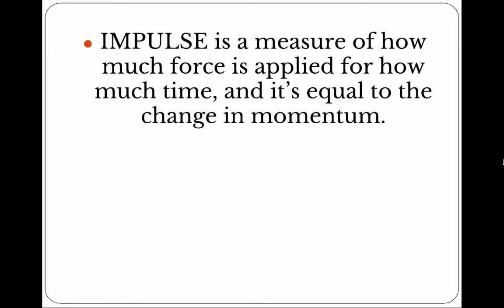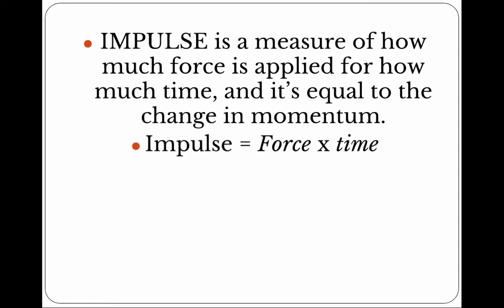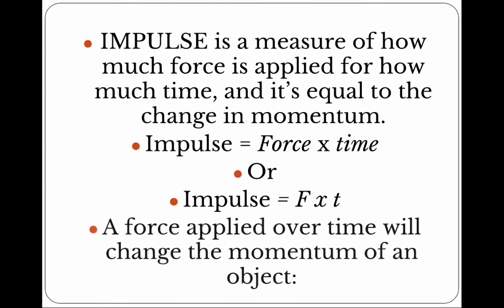Impulse is a measure of how much force is applied for how much time, and it's equal to the change in momentum. So impulse is force times time, or F times t. A force applied over time will change the momentum of an object.